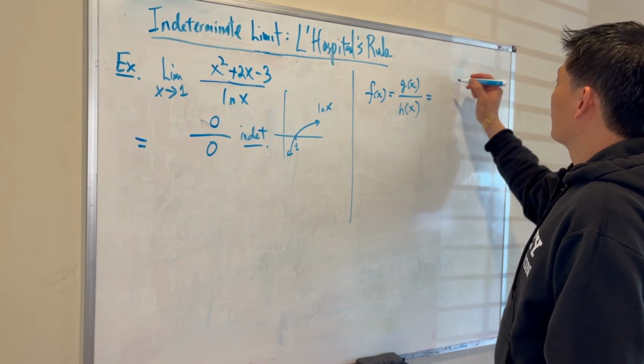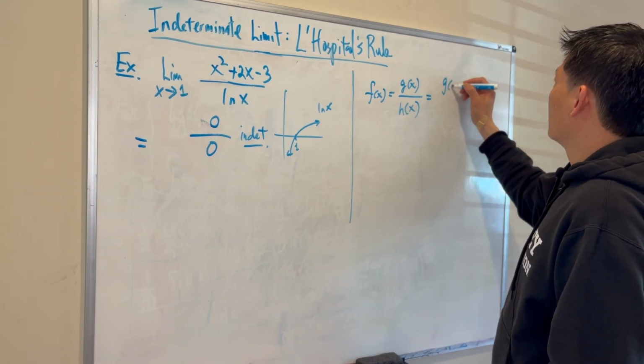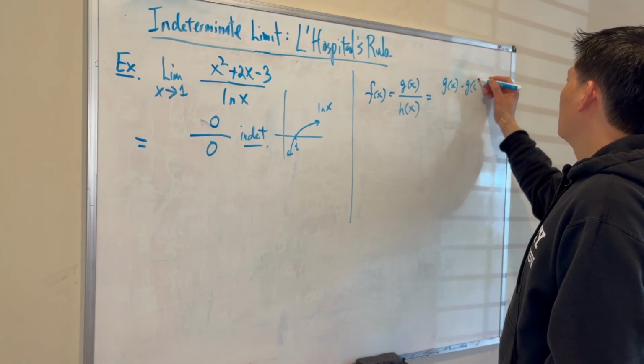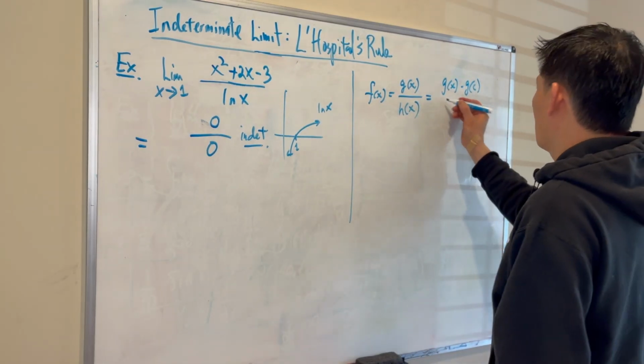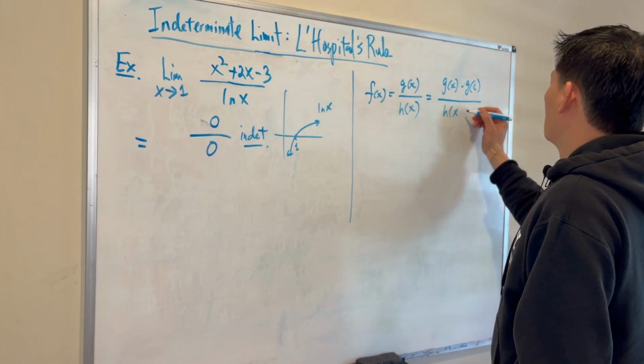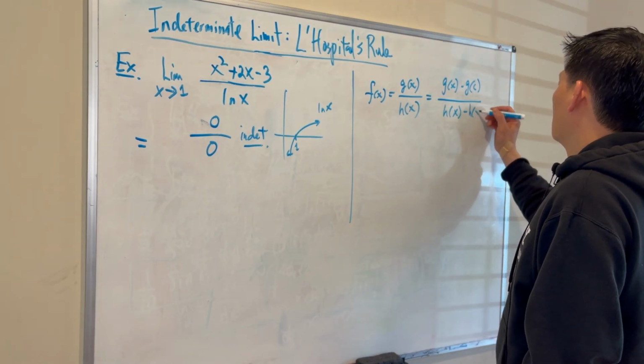We can say it's a very, very small gap: g of x minus g of c, where c is very close to x, and h of x minus h of c.